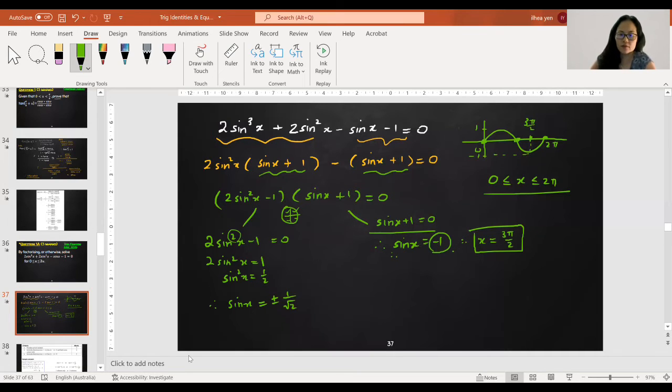So the reference angle is pi on 4. So x will be pi on 4 for the first quadrant. Then the second quadrant will be pi minus pi on 4, the third will be pi plus pi on 4, and the fourth quadrant, 2 pi minus pi on 4. That equals pi on 4, 3 pi on 4, 5 pi on 4, 7 pi on 4.